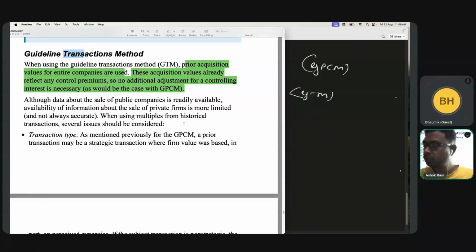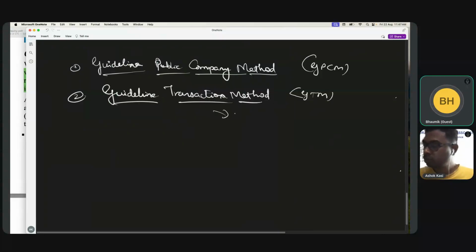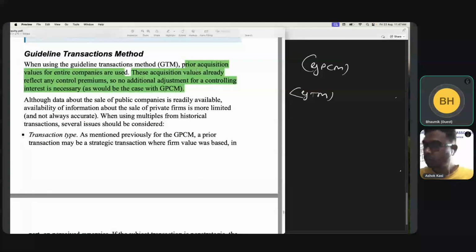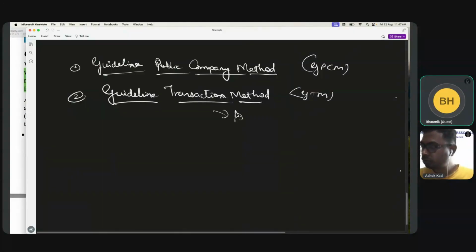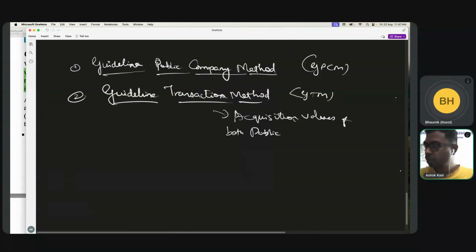When using multiples from historical transactions, acquisition values of both public and private companies will be used.